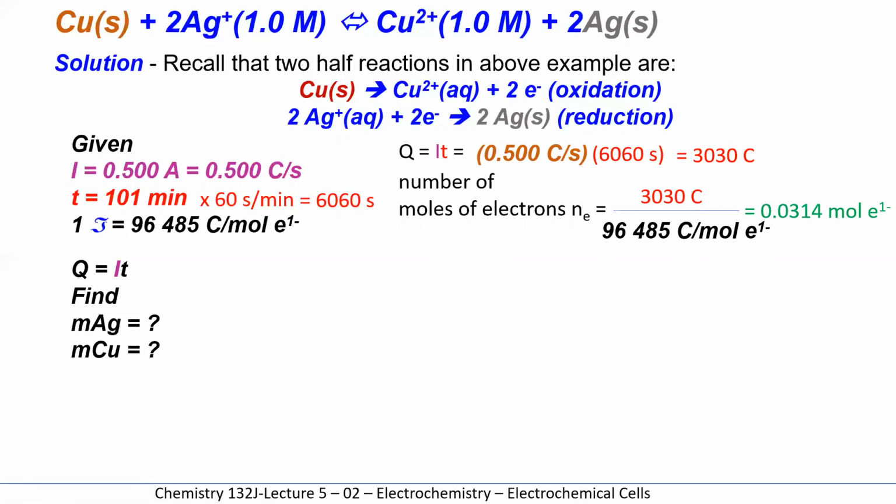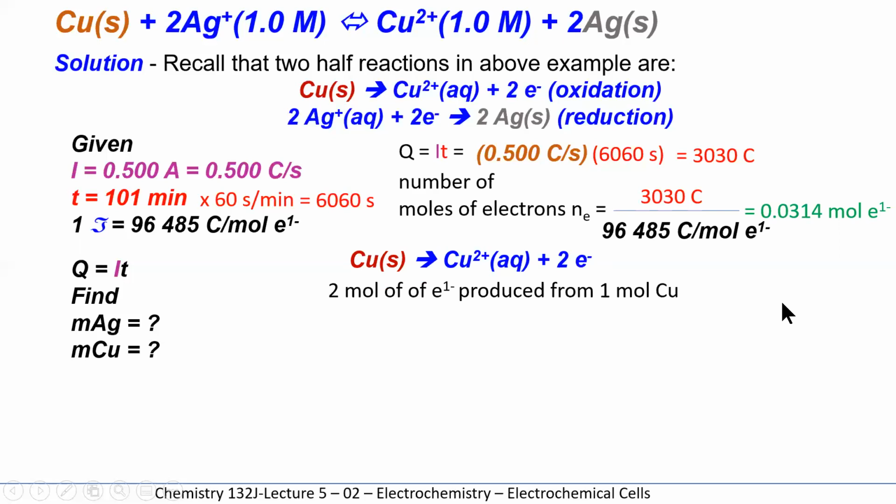And now that we have calculated the number of moles of electrons, we can use the stoichiometry in the balanced half-cell equation, because we see the relationship between the mass of copper and the moles of electrons. 1 mole of copper is used up for every 2 moles of electrons that are being generated.